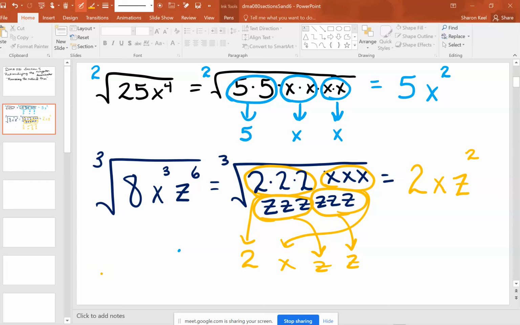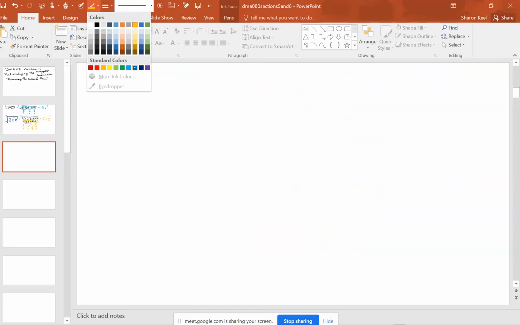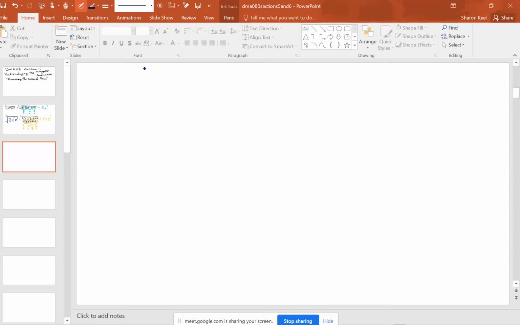If we were to rationalize something, let's say I have, and I want to start with a cubed root, the cubed root of 5x squared y to the third z. If I wanted to rationalize this, I would have to figure out what would I multiply by for something to come out from under the radical.